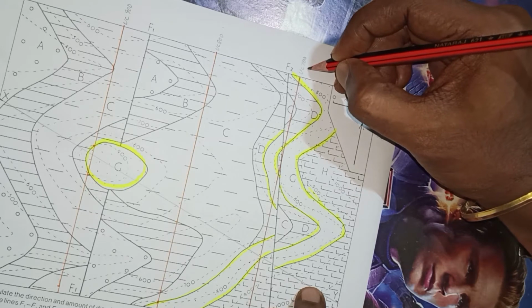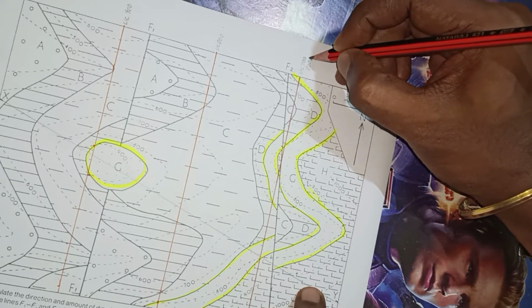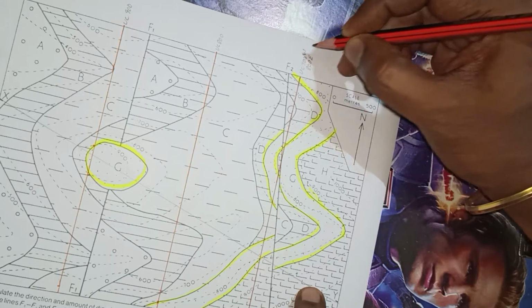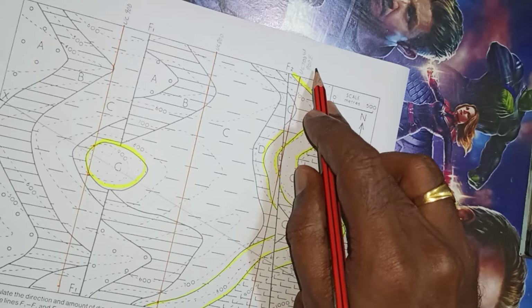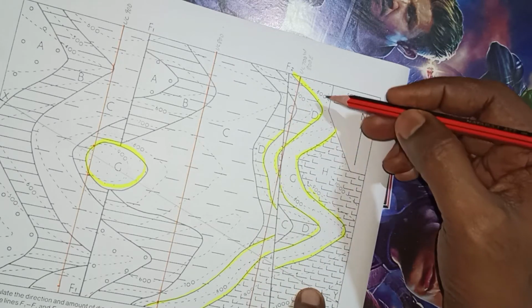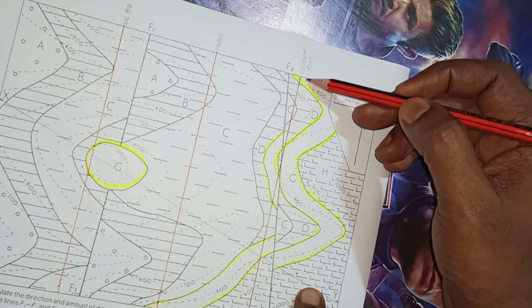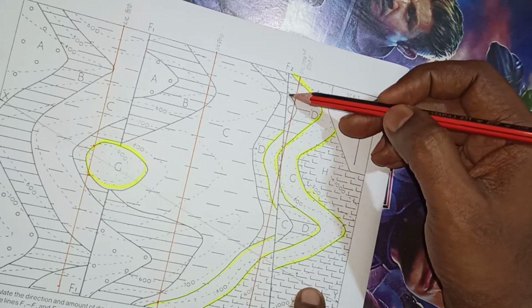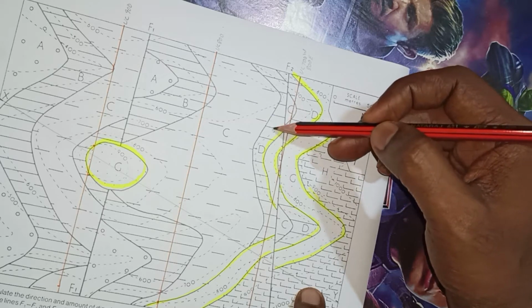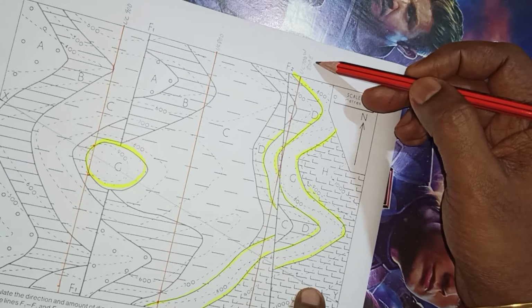So I am writing another value 800. So this is east and this is west. That is, after the fault there is a rise of 100 meter. Got it? So after the fault the value is increasing. Western side of the fault it is 700 and eastern side of the fault it is 800.